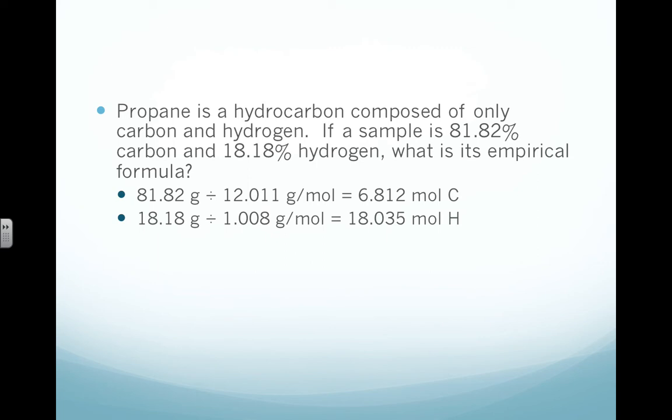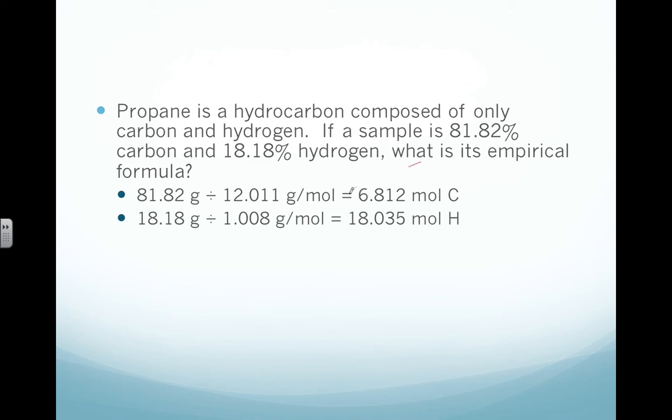And here we have hydrogen, and instead of percent, we changed it to grams, and we're dividing it by the molar mass of hydrogen. Now, you're converting grams to moles, and that should sound familiar. Now, when we're looking at empirical formula, what we're looking for is the lowest amount of moles.